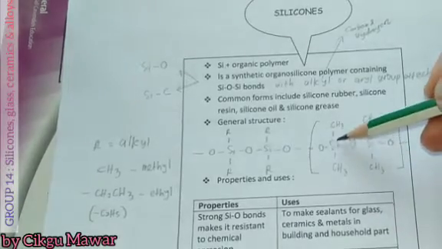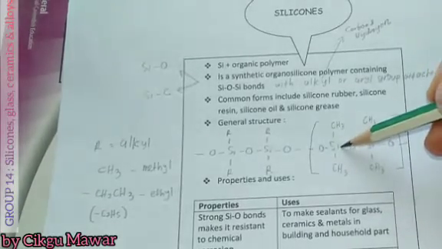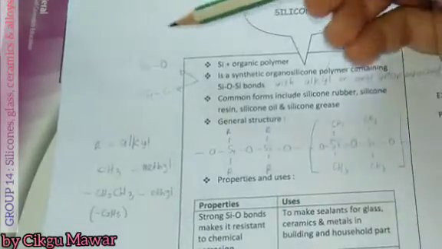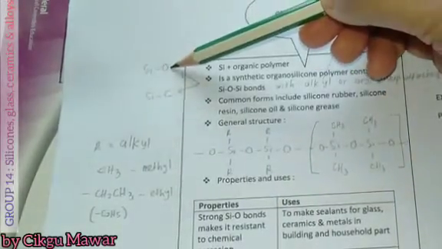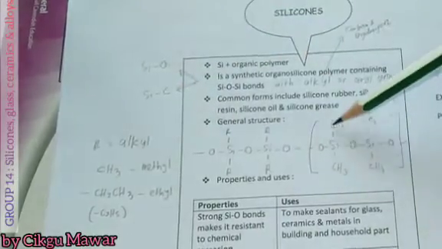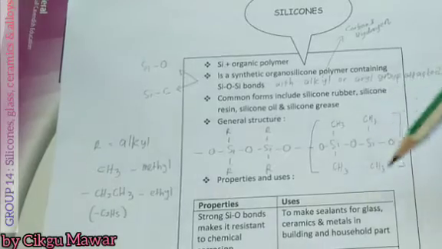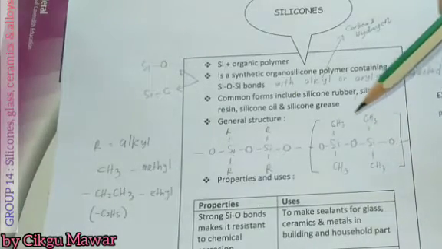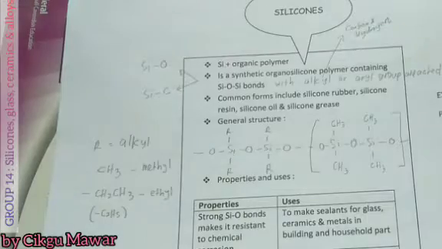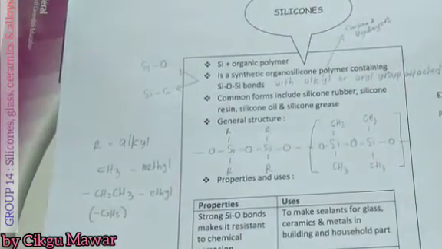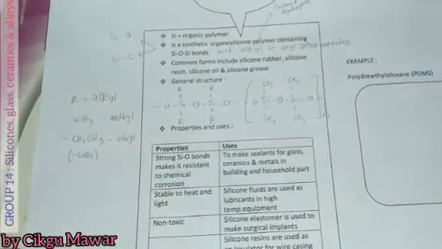That's why silicones have a strong bond, because they consist of Si-O bonds and also Si-C bonds. This makes silicones resistant to chemical corrosion because they consist of both strong bonds.